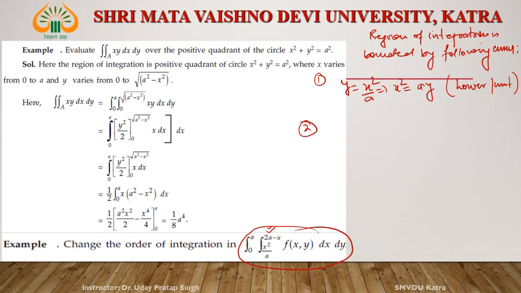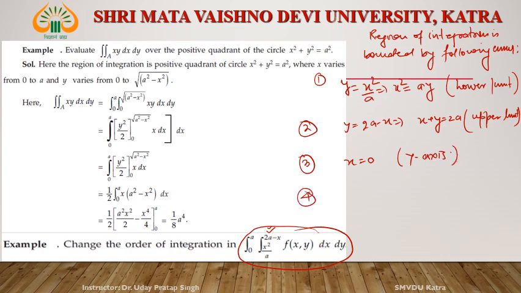Second, y is equal to 2a minus x. This implies that x plus y is equal to 2a. This is the upper limit. And third, x equal to 0, that is the y-axis.